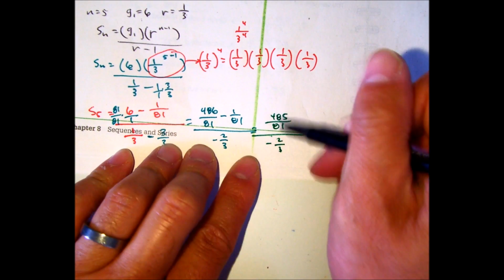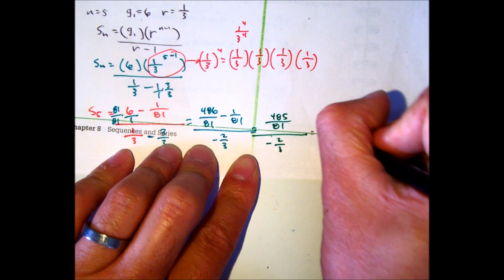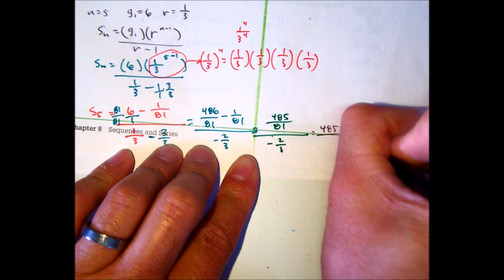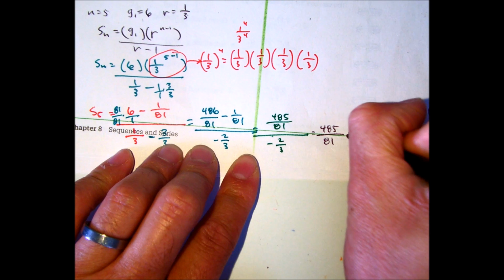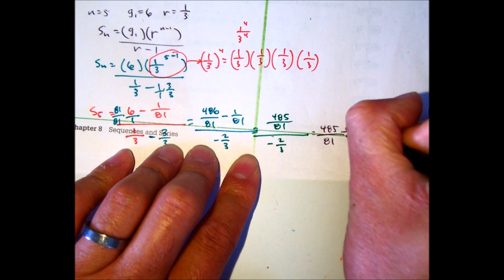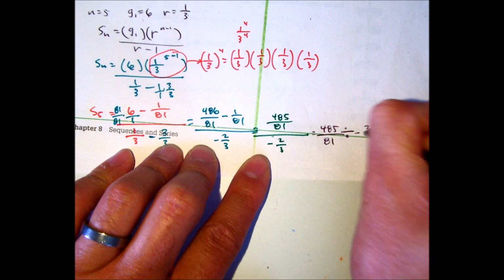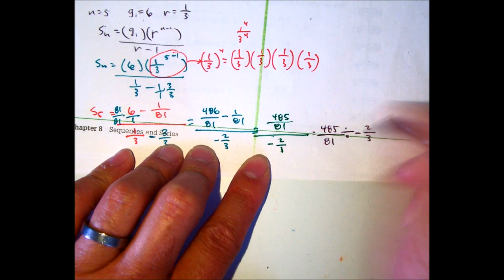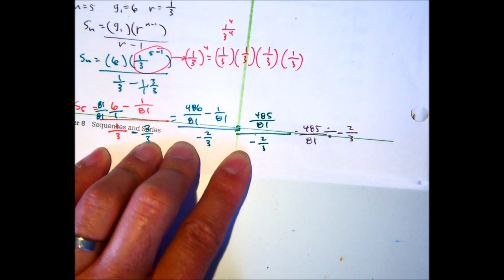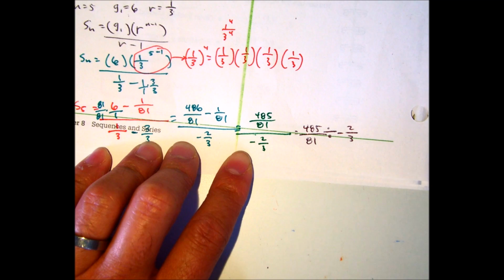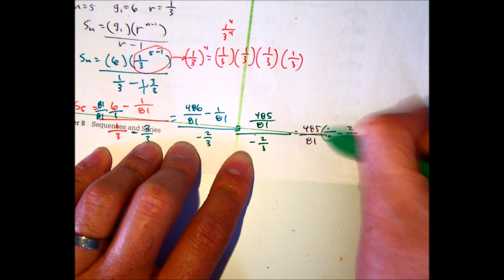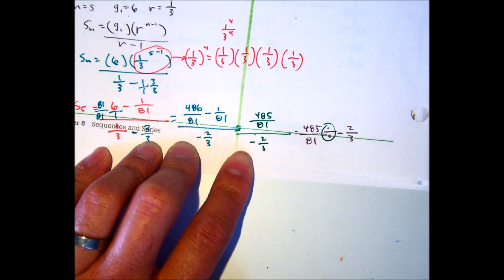Now I'm going to write this vertical fraction of division horizontally. 485 over 81 divided by negative 2/3. To get rid of the division of fractions, I'm going to change this to which math operation?